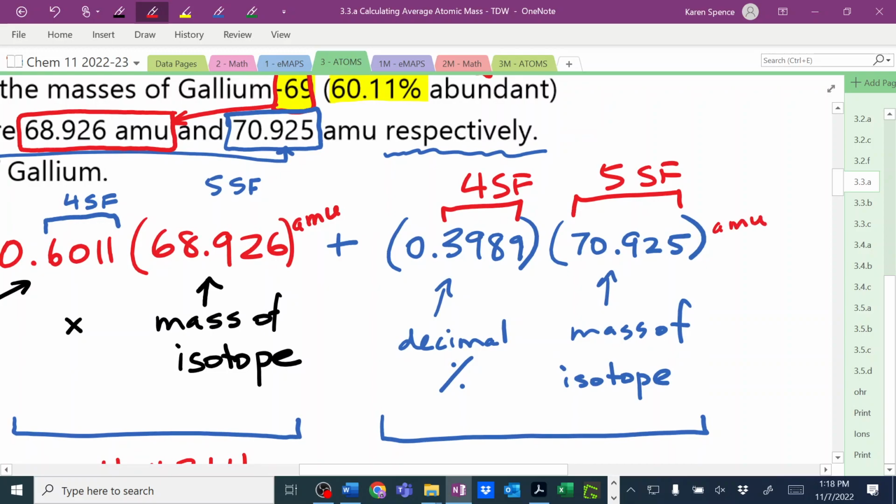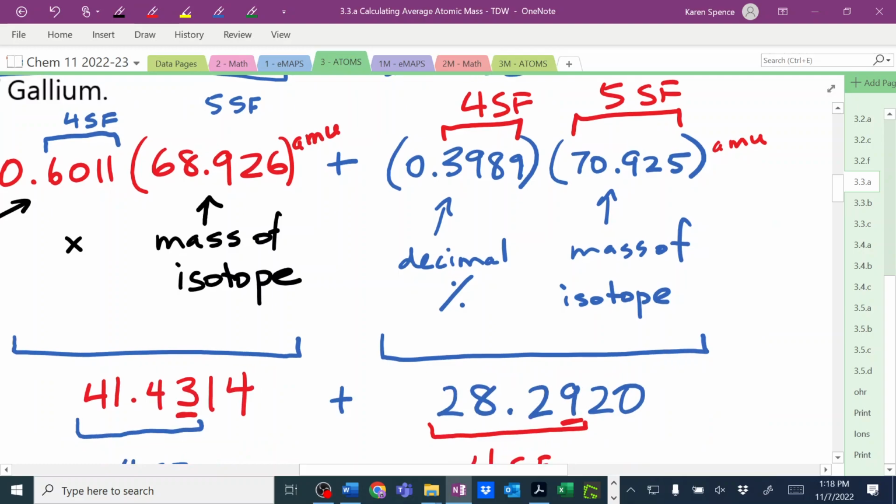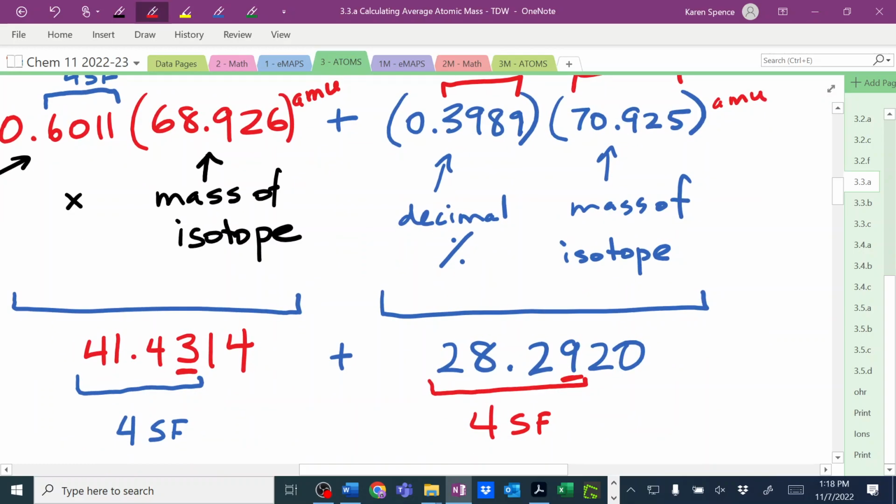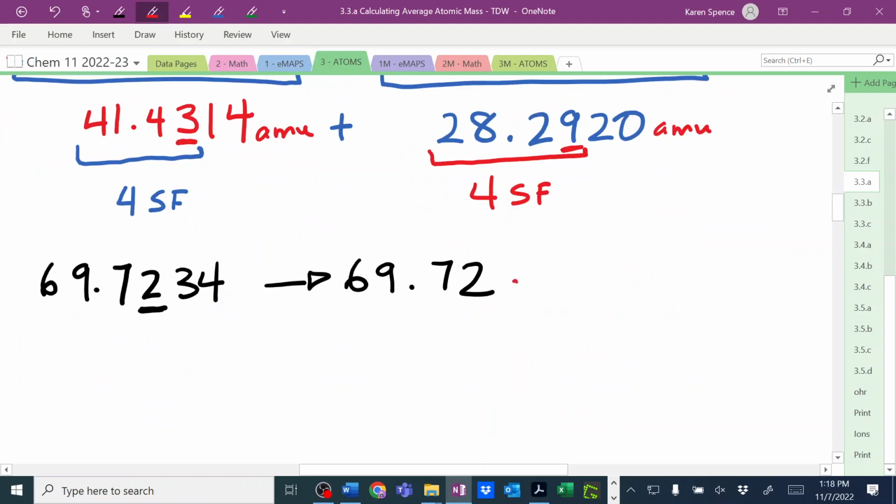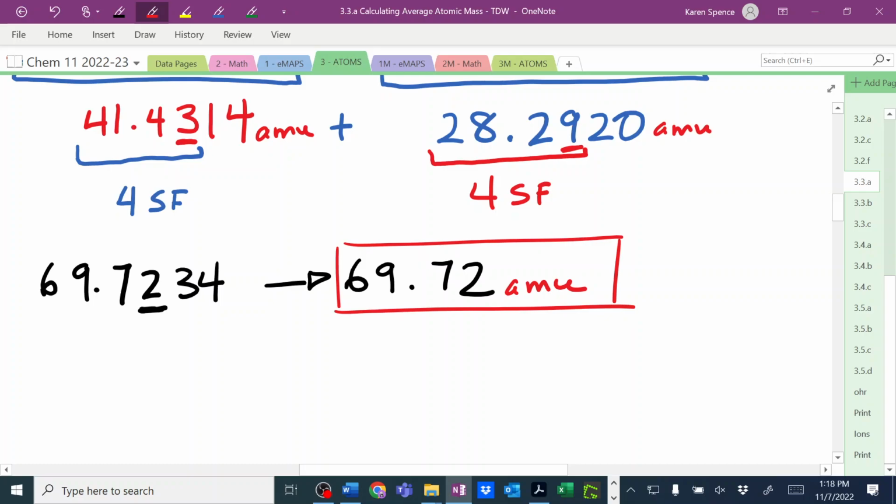What does AMU stand for? Atomic mass units. And so that would mean in my second line of my equation, I should also write AMU, AMU, and then finally AMU. Box my final answer. Is that good?